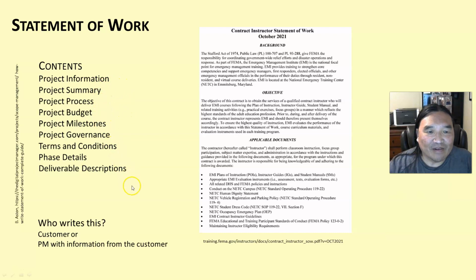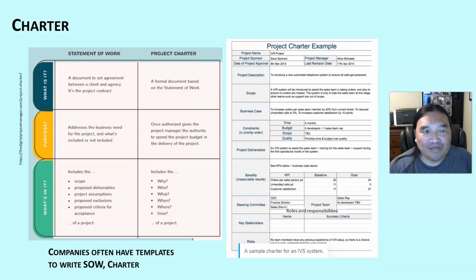We've already talked about some of the main steps, but there are actual examples that you can go look at, and here's one, which is done by FEMA, which is the government agency that does emergency management. Anyway, so who writes a statement of work? Again, it's the customer or the PM with information from the customer.